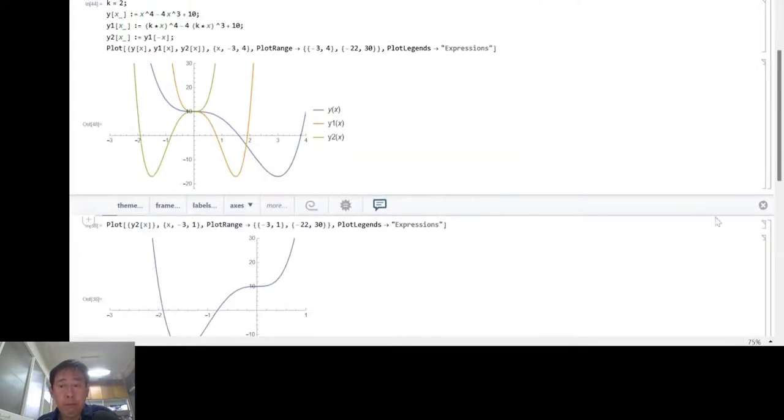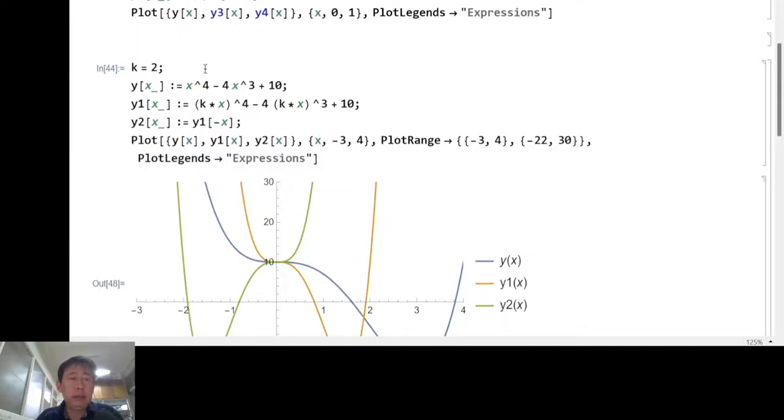So I have already prepared a code for this. Okay, so this is the compression function. Originally, the function is x power 4 minus 4x cubed plus 10. Then I define the compressed version of the function, y1, which is obtained by multiplying the x with the compression factor k.